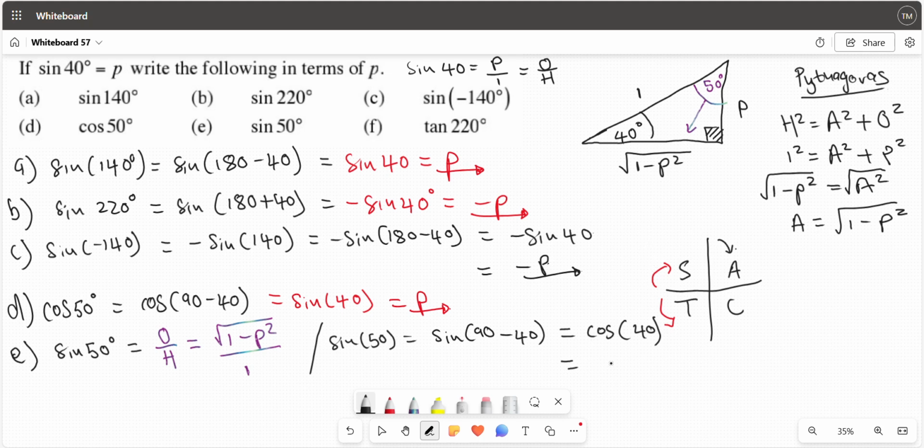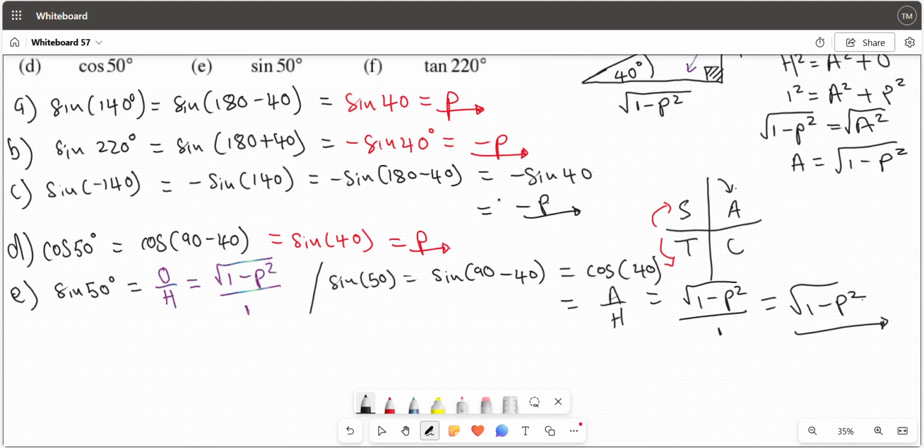Cos is adjacent over hypotenuse. In this case, our adjacent is the root of 1 minus p squared over 1, and you can just simplify this as the root of 1 minus p squared, without the division by 1. So there are two ways of doing this. You could either do this route, or you could represent it on your diagram with the 50 degrees up there. That's just another way of doing it.